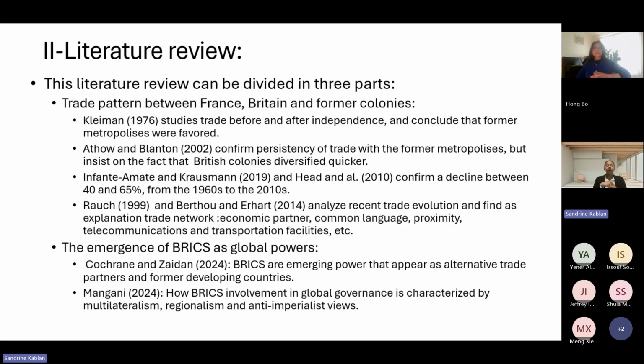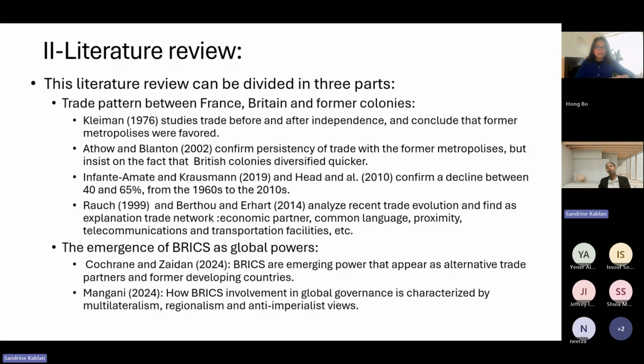Again, we have Mangani, who talks about BRICS global governance. And he says that the way BRICS enter in global governance is different from the other economic powers because it is characterized by multilateralism, regionalism, and anti-imperialist views.